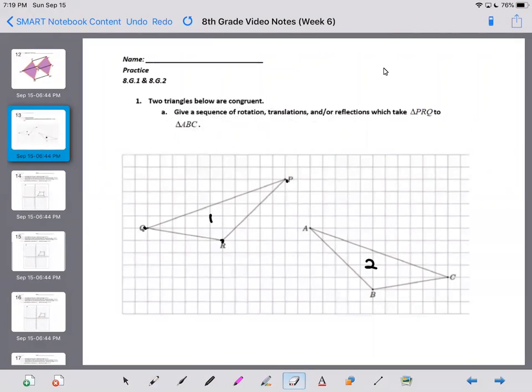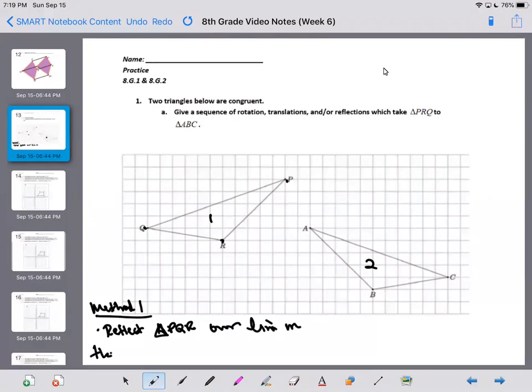So let's go from number 1 to number 2. Now, one way to do that, so we'll say method 1, is just reflect triangle PQR over a line, we'll say line M, but then I want you to translate 4 units down.